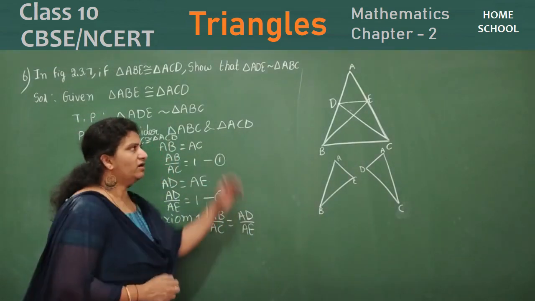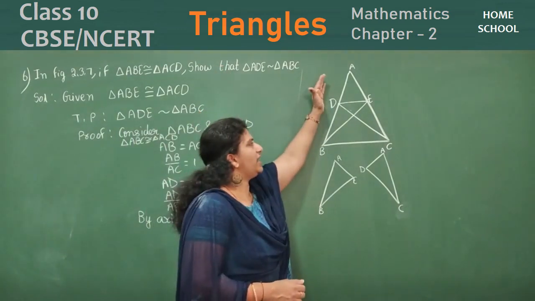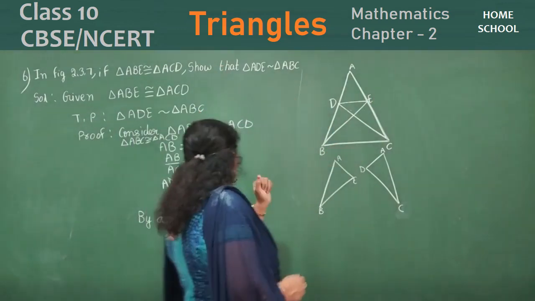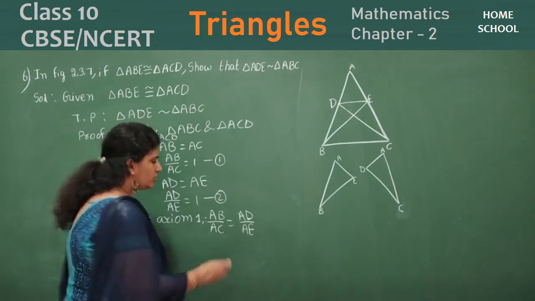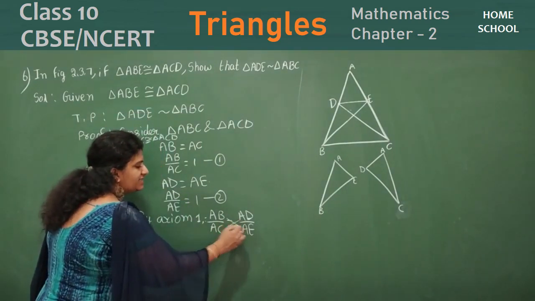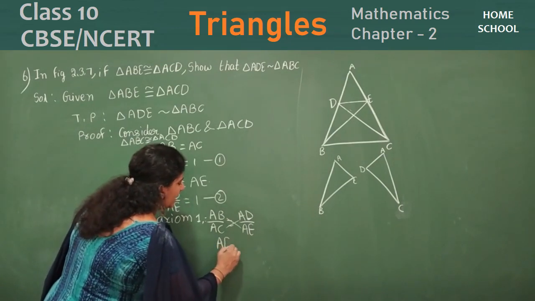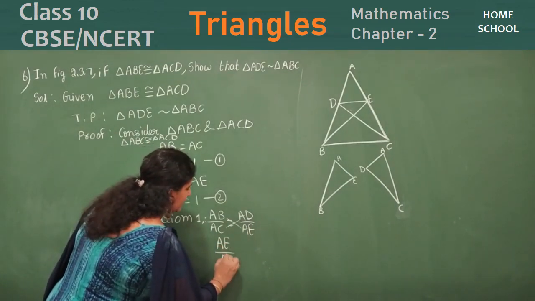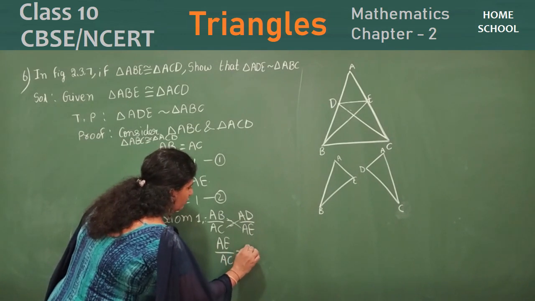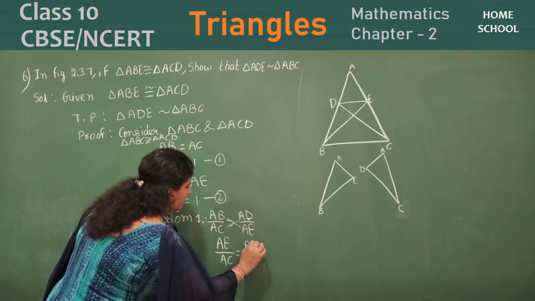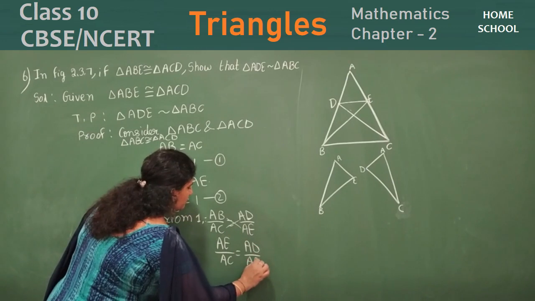So observe here, for the big figure, AB, AC, AD by AE came. So let's interchange this side. What are you going to get here? AE by AC, and on this side AD by AB.